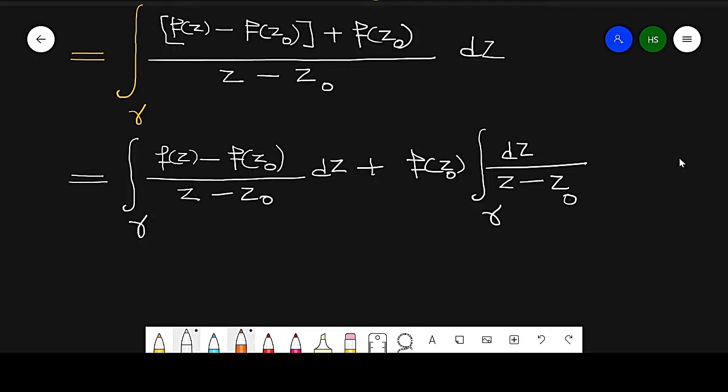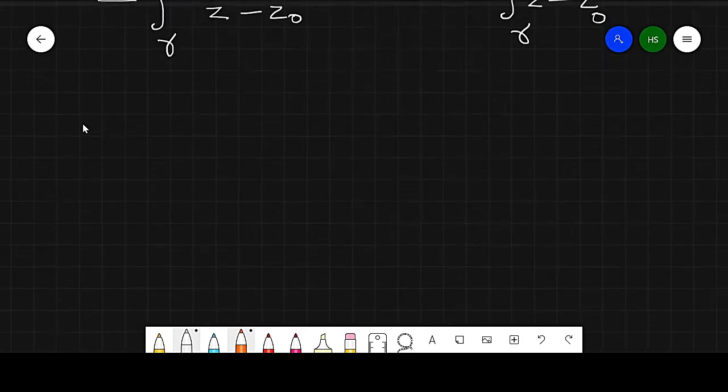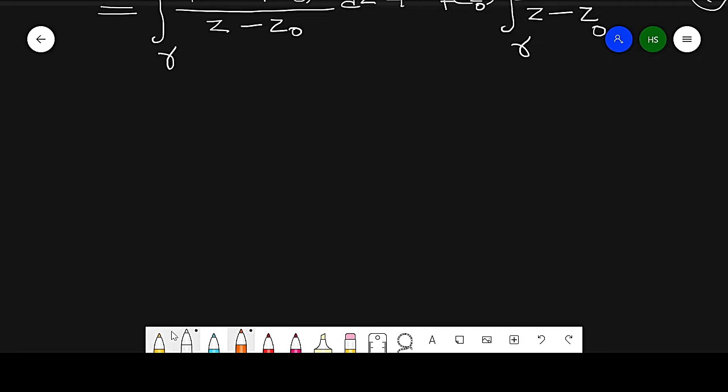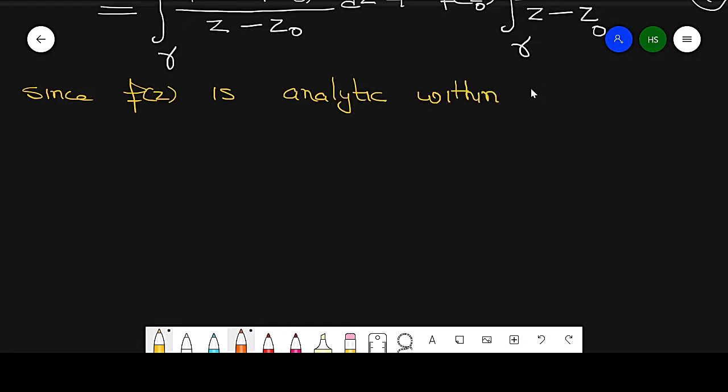Suppose I write this as equation number 2. Here my aim is to solve these two integrations. First I will solve this integration. Now in the given part, the function is analytic, which means it is continuous. Since f(z) is analytic within the simple closed contour C, its derivative f dash z exists in C, and it implies it is continuous.